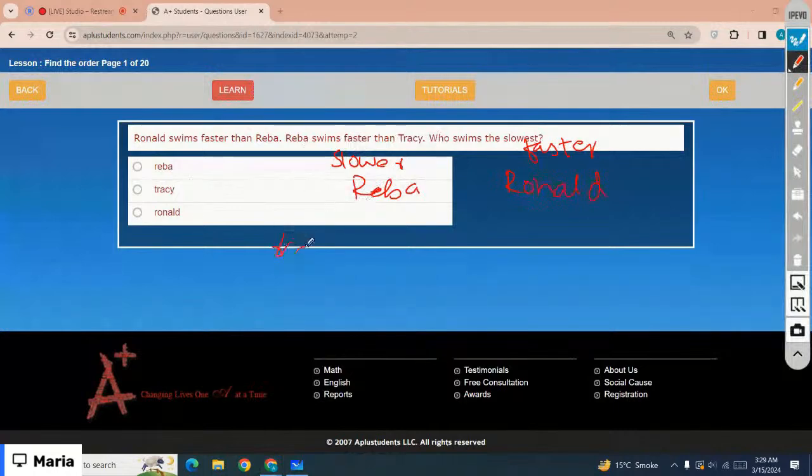So here is Tracy, then you have Reba, then you have Ronald, right? So Ronald swims faster, Tracy swims slower. The question is who swims the slowest? So which is the correct option? Very good. That is Tracy. Tracy swims the slowest, right? The correct option is Tracy. Very good. Option number one is the correct option.